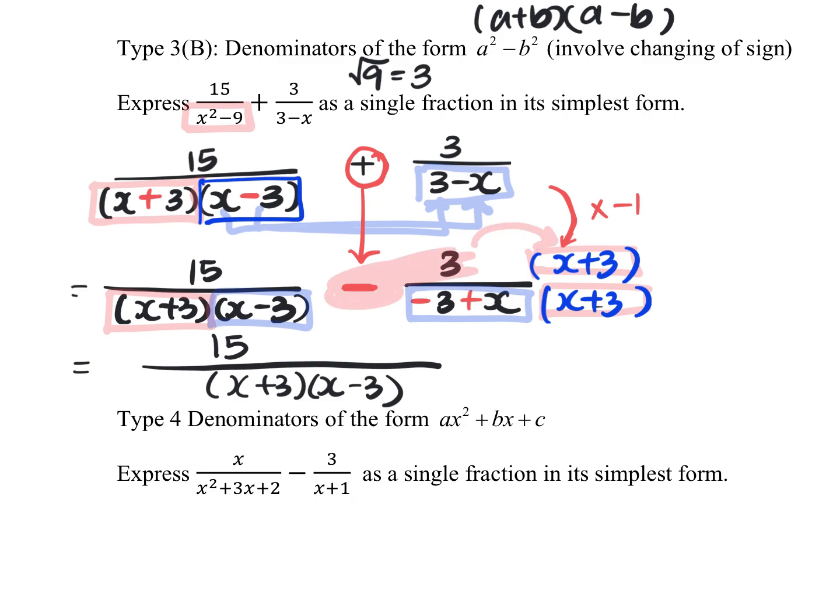Multiplied to x, multiplied to 3. Negative 3 multiplied to x is minus 3x. Negative 3 multiplied to 3 will become negative 9.